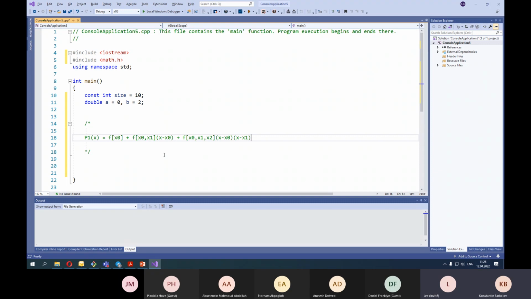Now we have a polynomial of degree 2, because these two terms give us x power 2. If we stop right now, we have a polynomial of degree 2. If we continue this process, we can find a polynomial of degree 3, and so on.